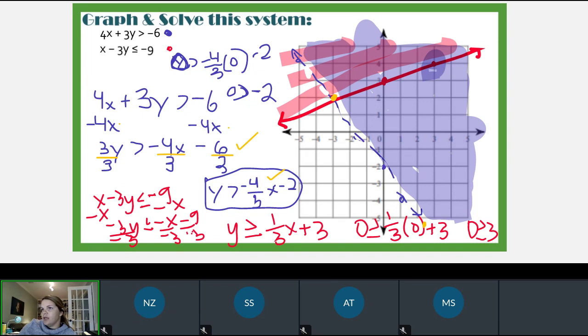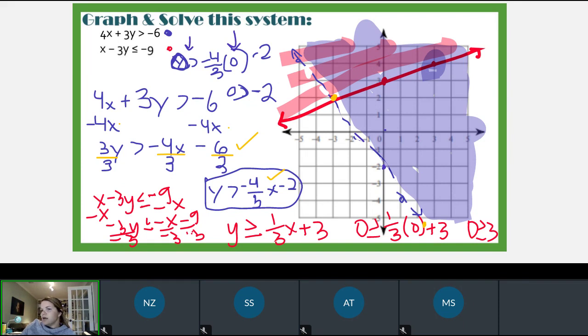Then AJ put in 0 for y, 0 for x. So she got 0 is greater than negative 2. She said, yes, that's true. Shaded in the side that contains 0, 0. Good job, AJ.